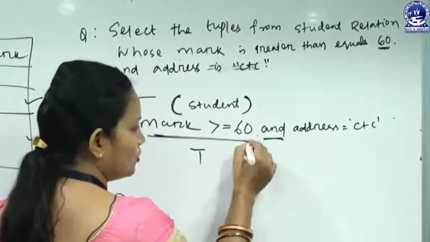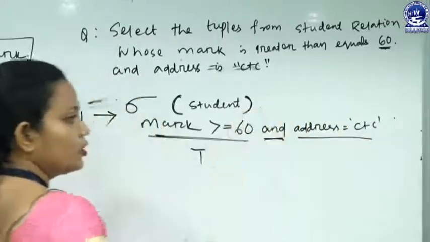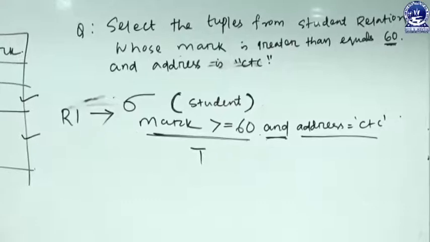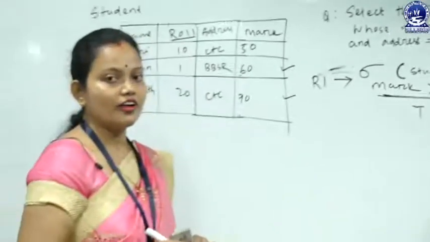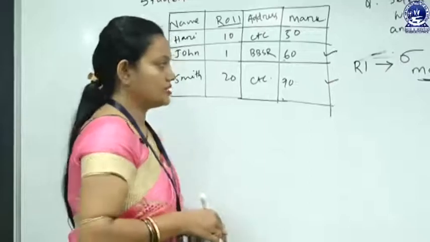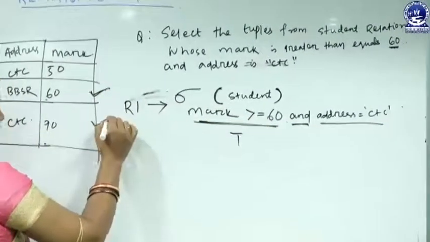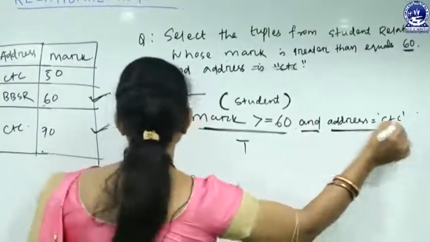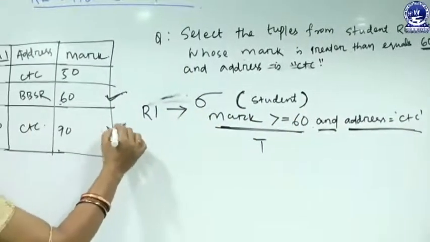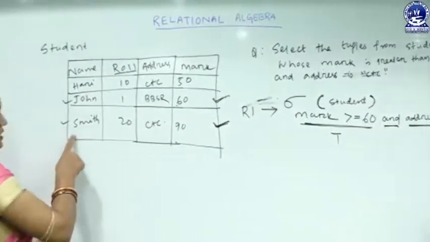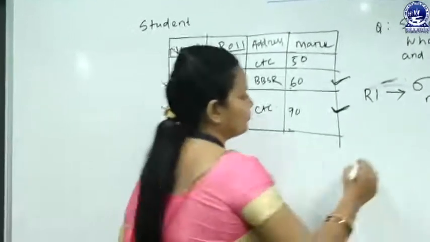That means only those tuples satisfying both conditions are retrieved from the original relation. Mark is greater than or equal to 60 is satisfied by these two tuples, but the address CTC is satisfied only by the third tuple. In our resultant relation, only this tuple will be present.